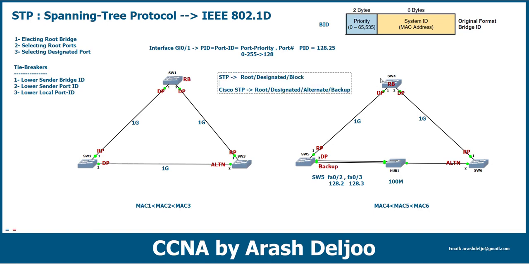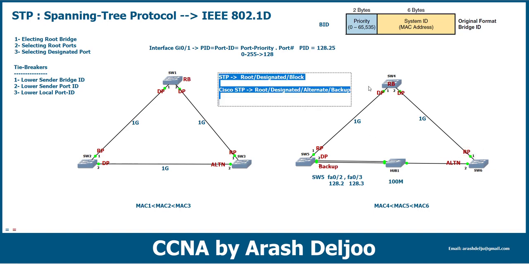When you have one interface that doesn't have the role of root or designated, we need to block that interface. Here we have 2 conditions. The first condition is, for example, for port 2 of switch 6: after the root port fails, this interface can be a new root port. Look at here. If port 1 fails, port 2 is the new root port.